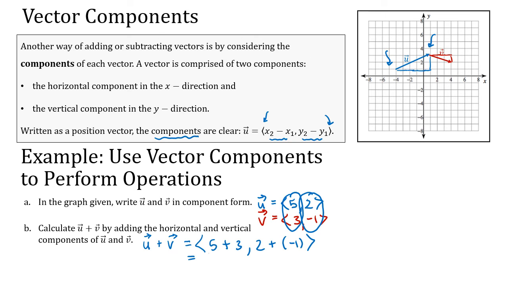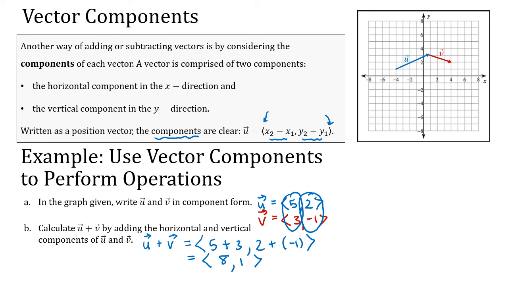When I do that, I get the position vector of 8, 1.